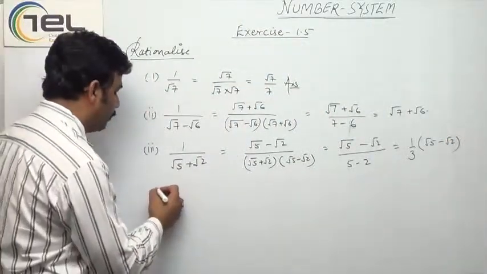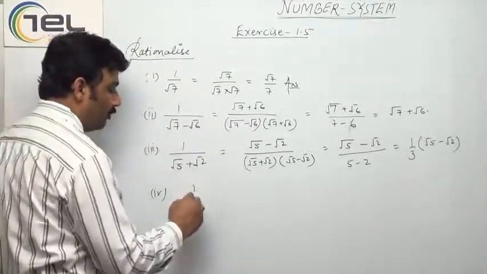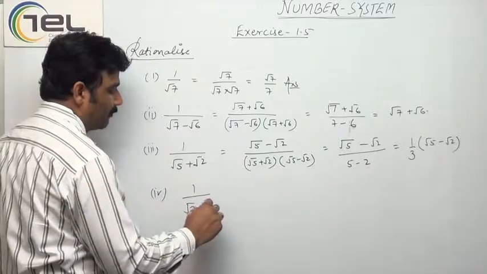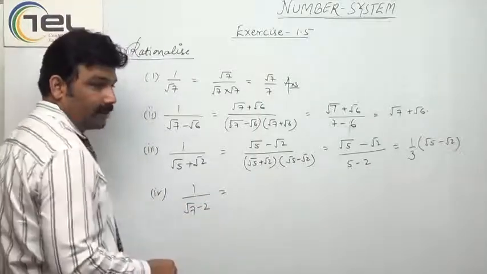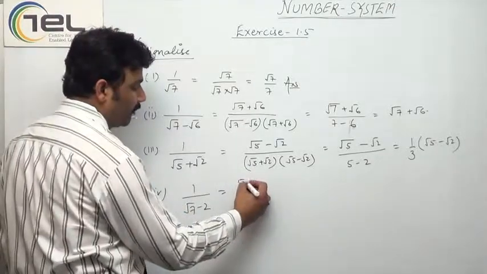We have the last one, the fourth, also. I will solve the fourth for you, maybe you will have a problem. So I just rationalize it. But what will be the rationalizing factor of this? The conjugate of this is root 7 plus 2. Yes, you are right.